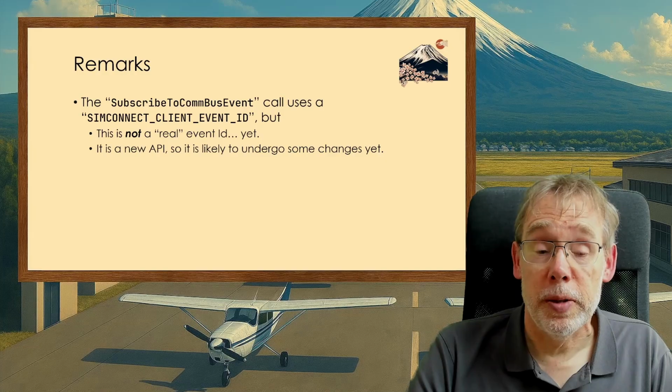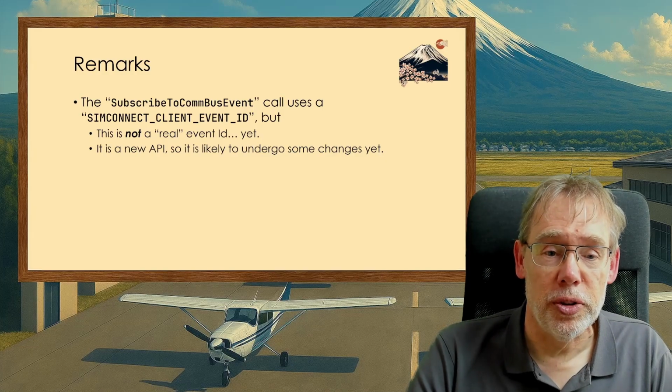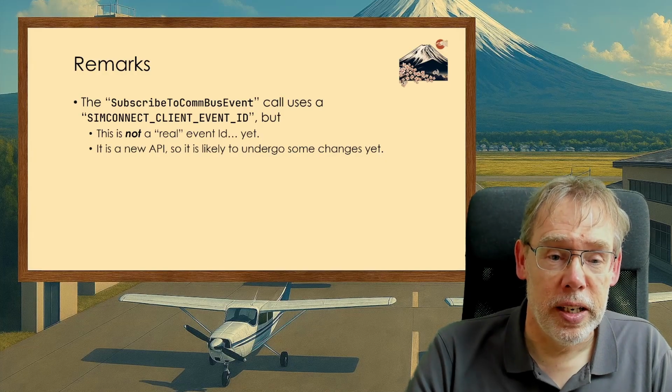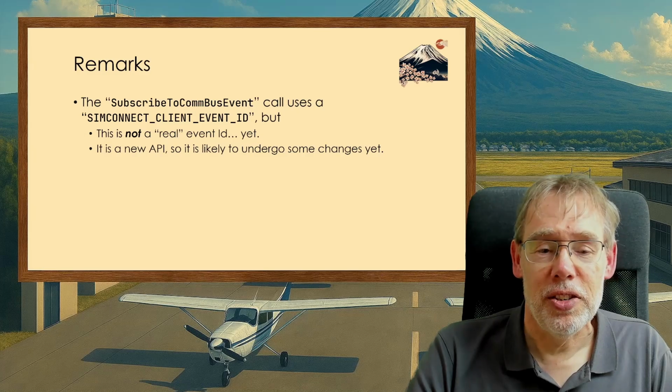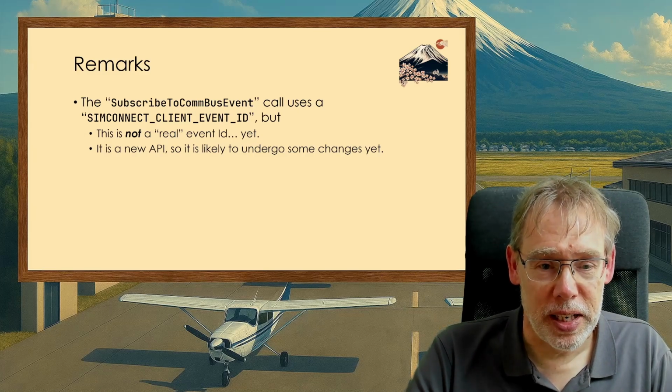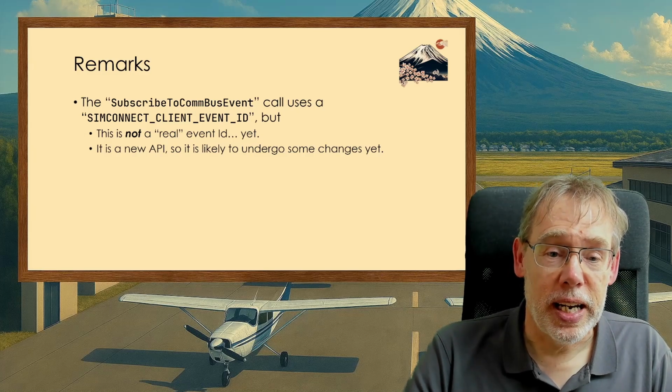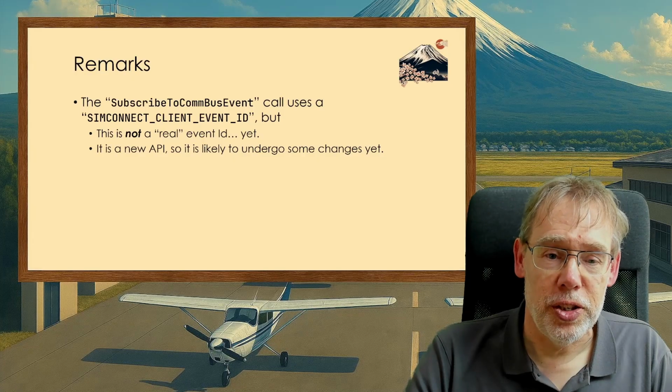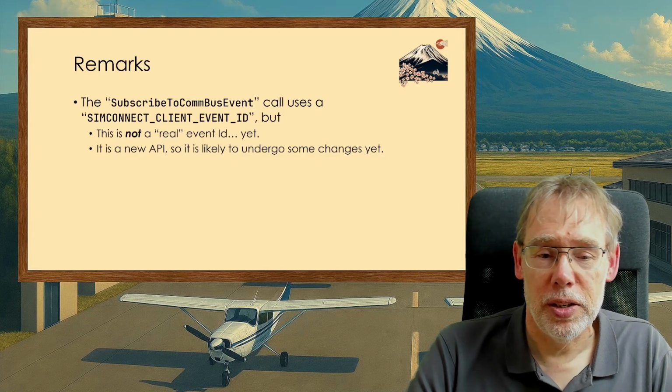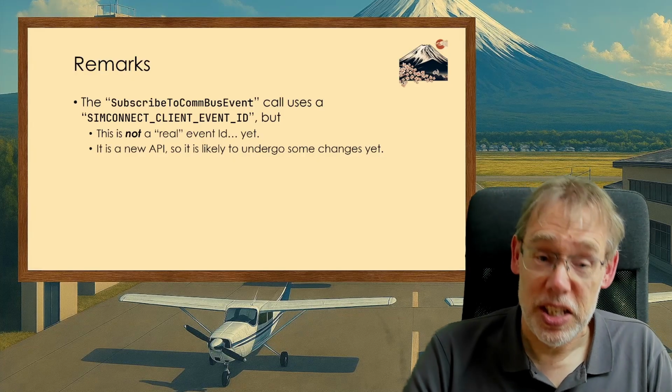because I actually did a small test registering and mapping a client event ID on a normal event and then checking whether or not that would clash with a CommBus client event ID, and it didn't.